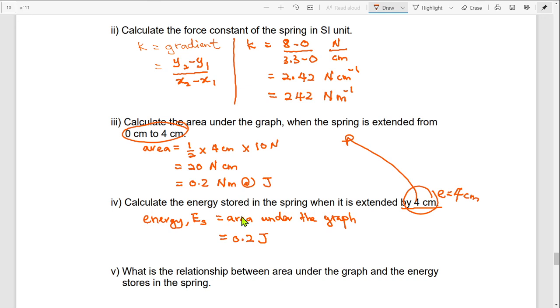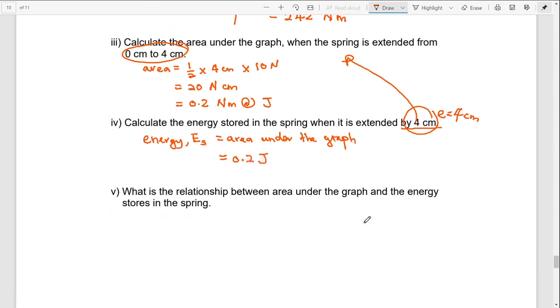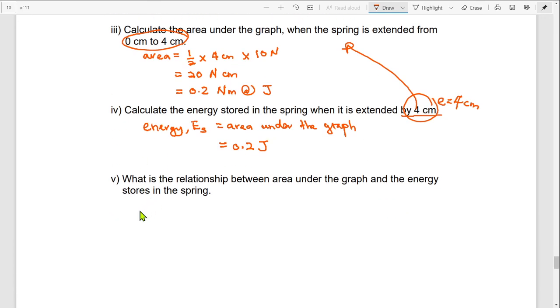They are the same. So I can write here: area under the graph is equal to the energy stored in the spring.